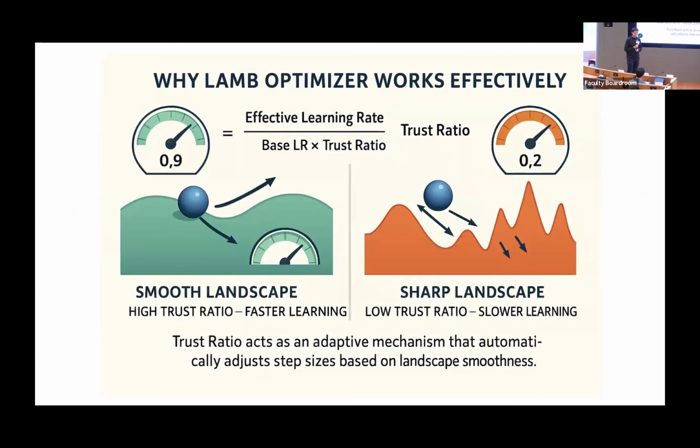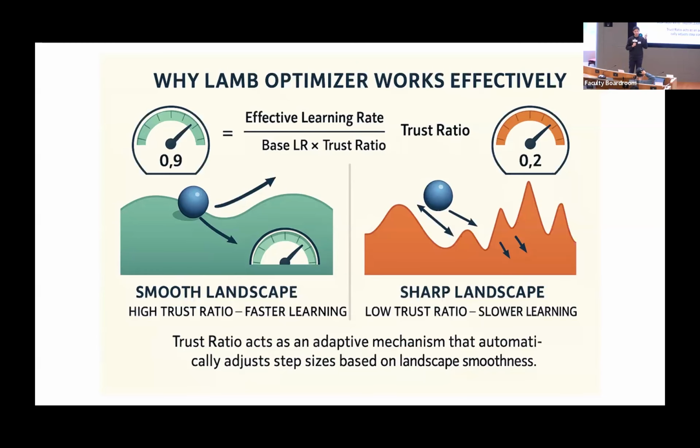And also, trust ratio is the inverse of the Lipschitz constant, right? Which means when the landscape of optimization is smooth, we can learn fast. And when it's not smooth, we should learn slow, right?